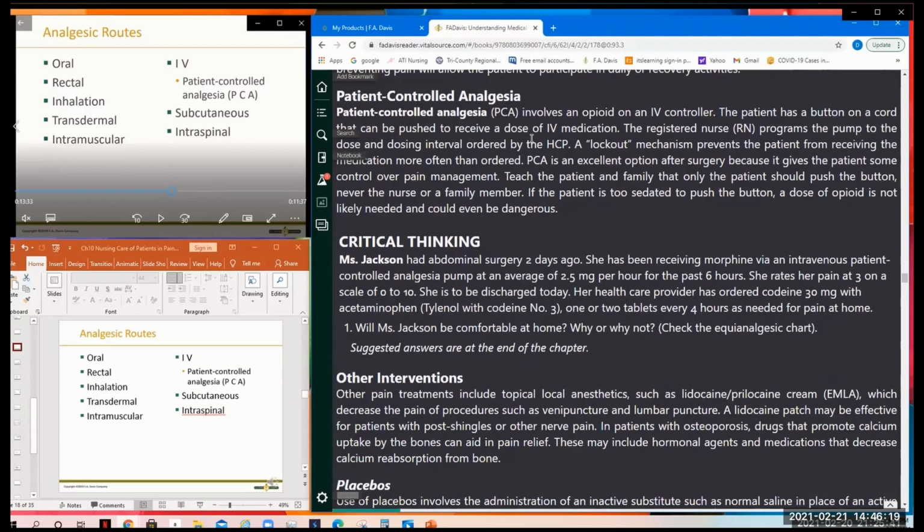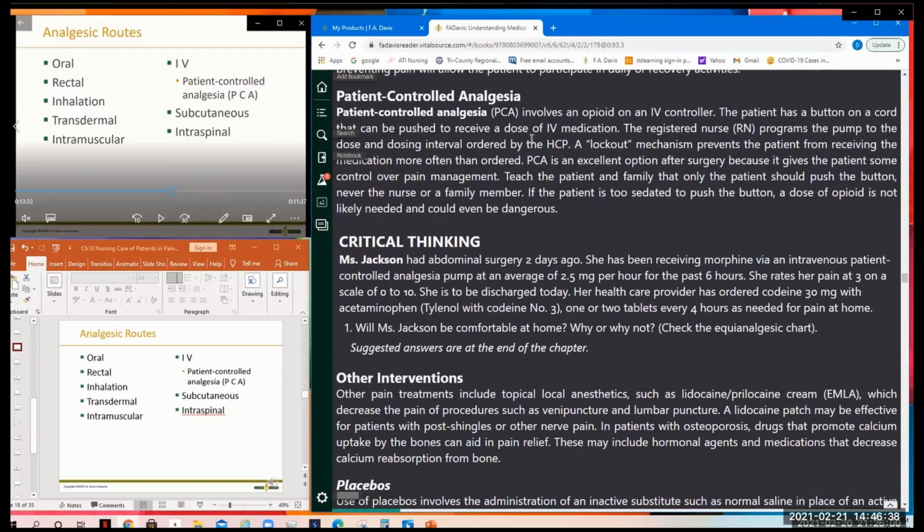A lockout mechanism prevents the patient from receiving the medication more often than ordered. PCA is an excellent option after surgery because it gives the patient some control over pain management.